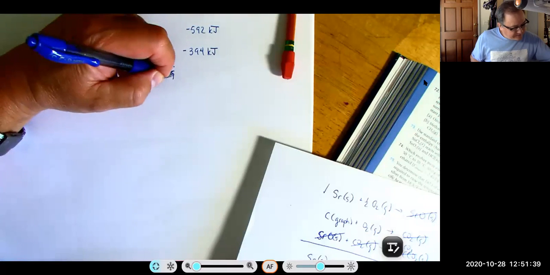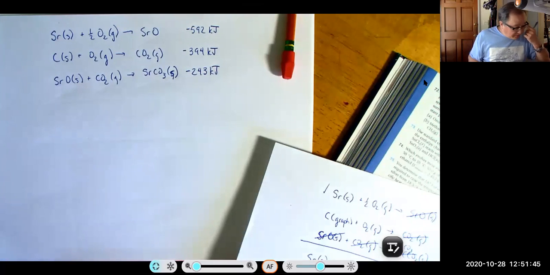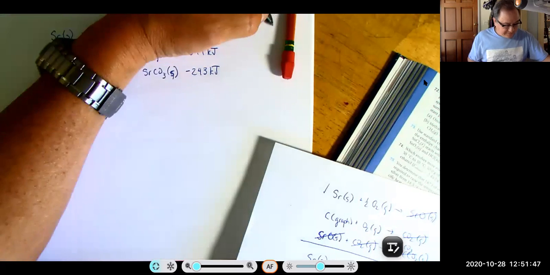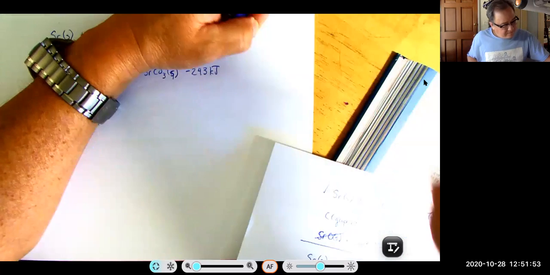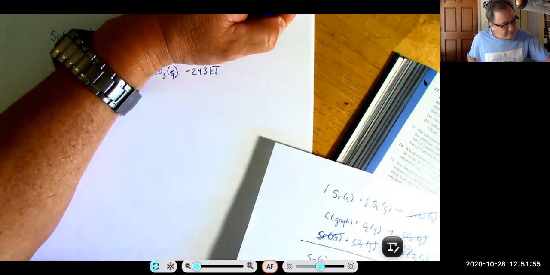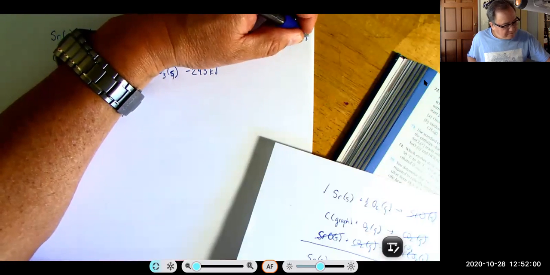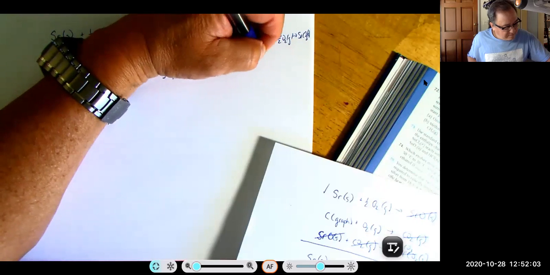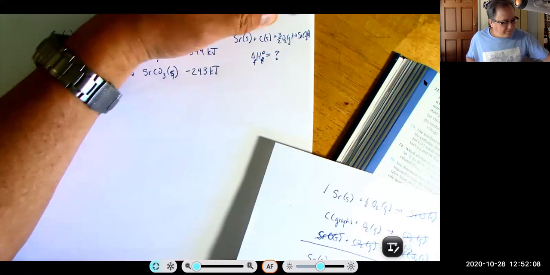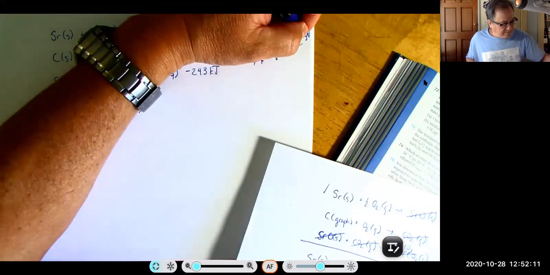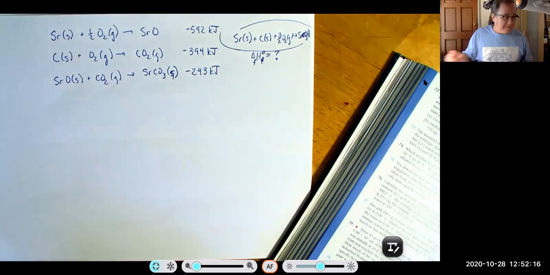Whoops, solid. And I want you to find out this reaction here. And then I want you to draw an energy level diagram without looking at your notes. See if you can do it.